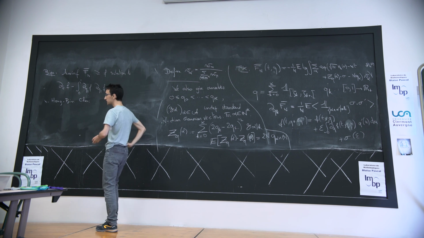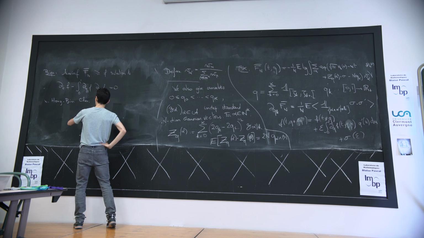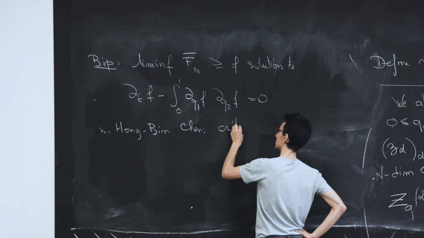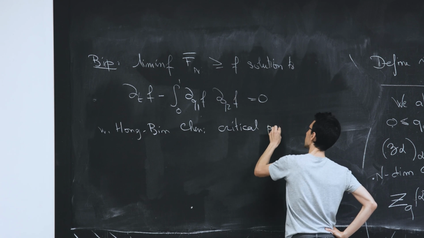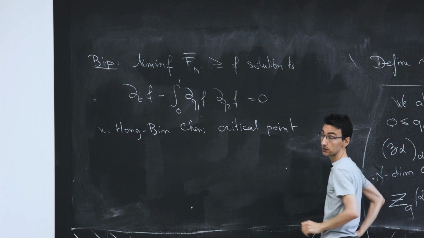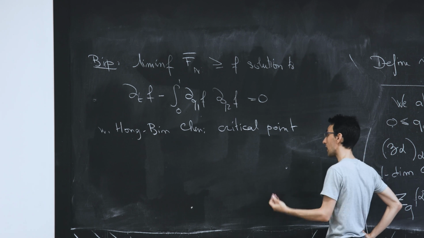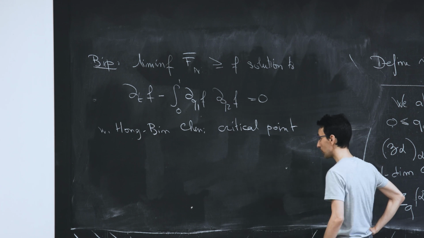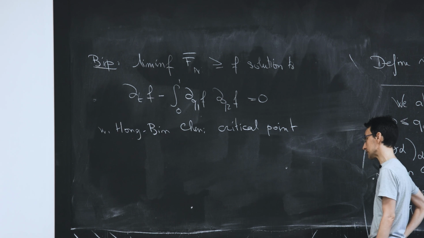So perhaps I'm already a bit short of time, but let's say a critical point representation. In my view, I think it is the last theorem in chapter 6. So if you want to have a look, I recommend. In my opinion, this is the best result we have obtained so far on spin glasses.